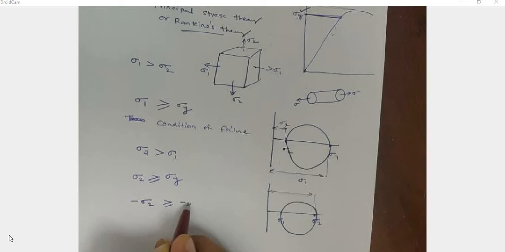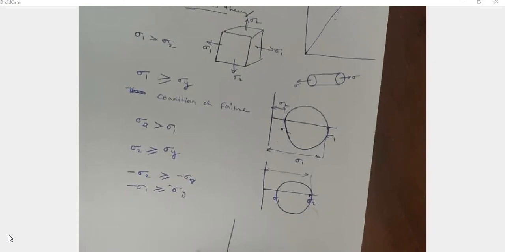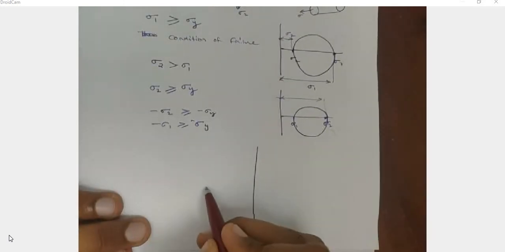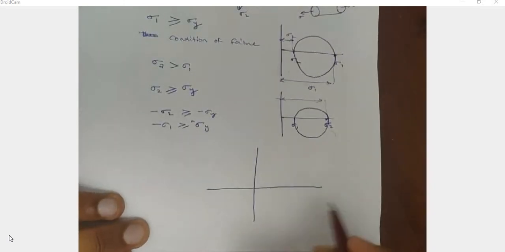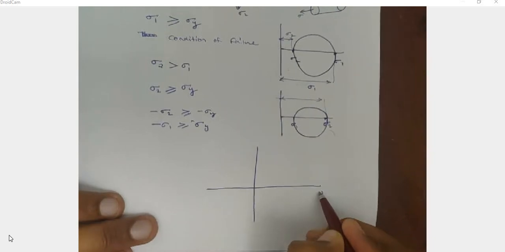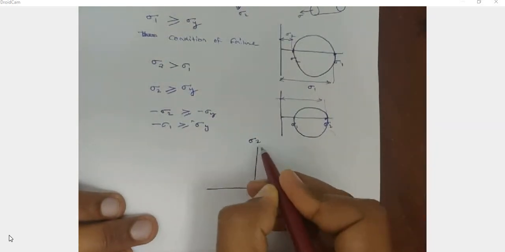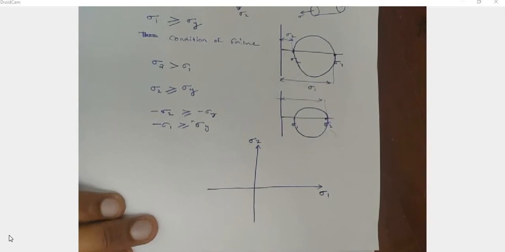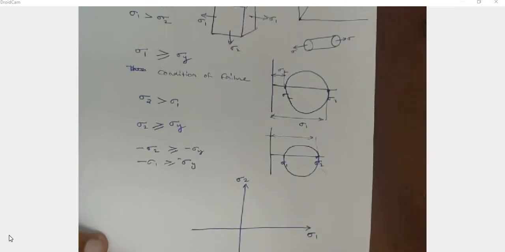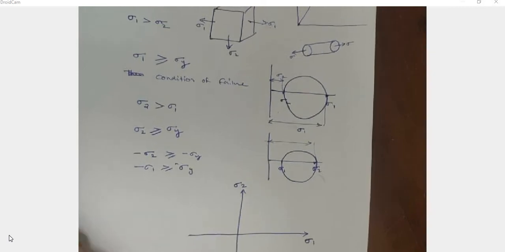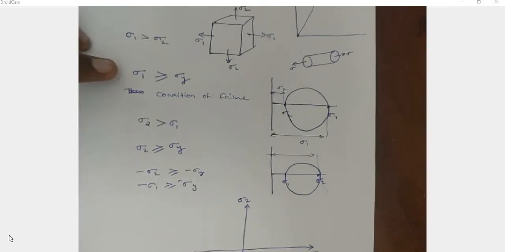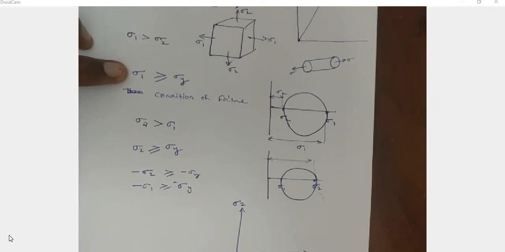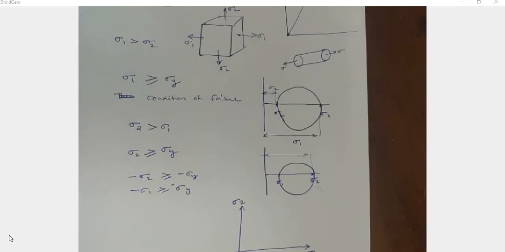So we can plot the variation in a sigma 1, sigma 2 graph. What is the condition for failure? Sigma 1 at least should be equal to sigma y.